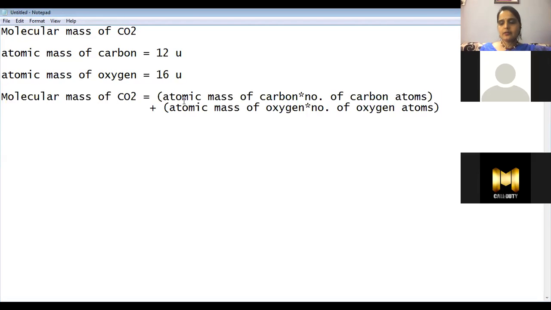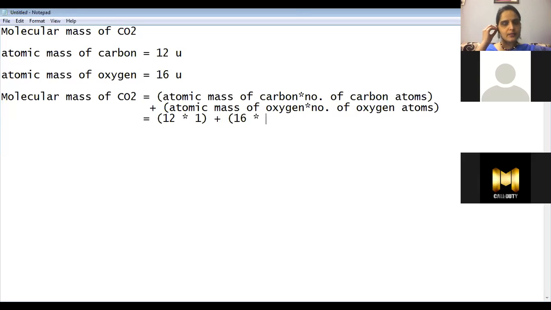So how many carbon atoms are there in carbon dioxide? 1. Yes. So 12 multiplied by 1, because 12 is the atomic mass of carbon and the number of carbon atoms is 1, plus the atomic mass of oxygen, which is 16, multiplied by the number of oxygen atoms.